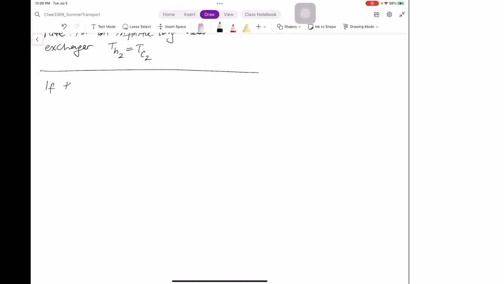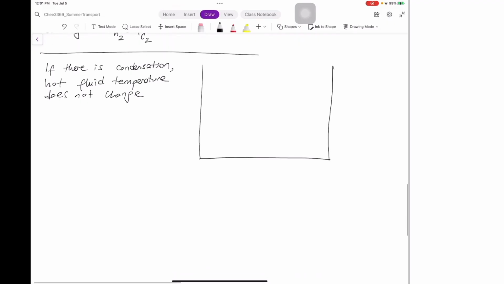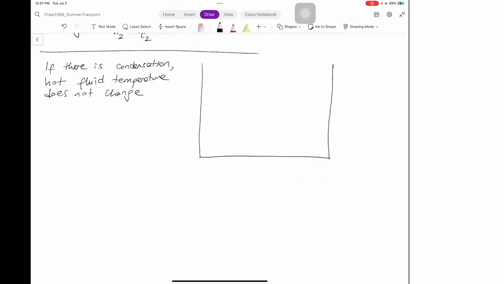For instance, if there is condensation, the hot fluid temperature does not change, right? Because the condensation happens at a constant temperature for most substances, at least for pure substances, I would say.